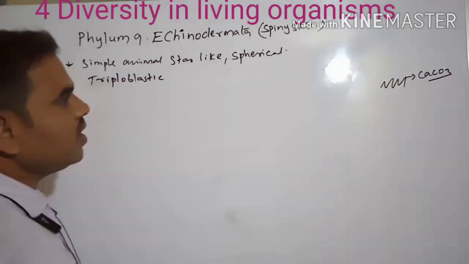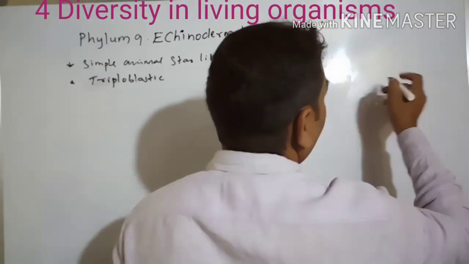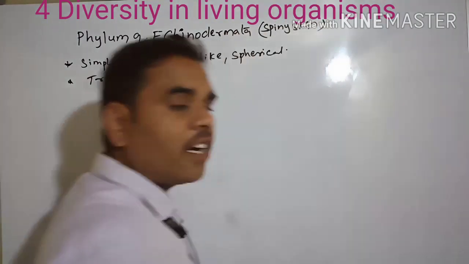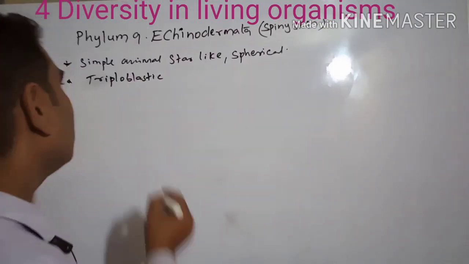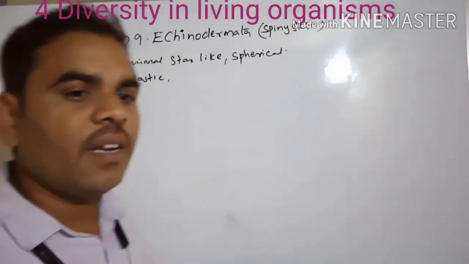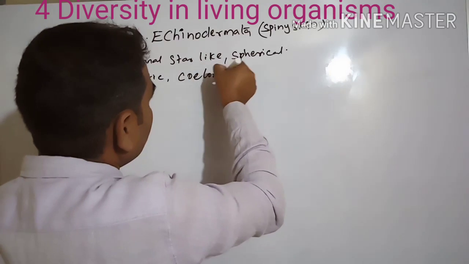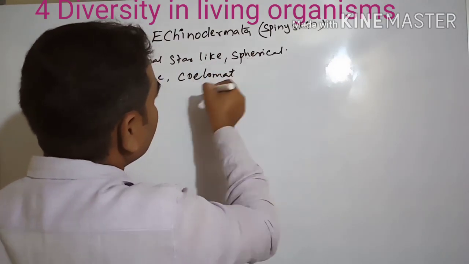What is triploblastic? The cells are endoderm, mesoderm, ectoderm. You already learned. So it is triploblastic. Coelomate, a cavity is there.